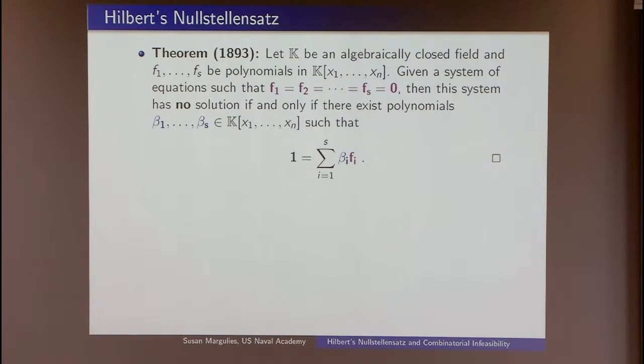So if we have this algebraic identity, if it happens that we stumble across it, we can be certain that the underlying system of polynomial equations has no solution.